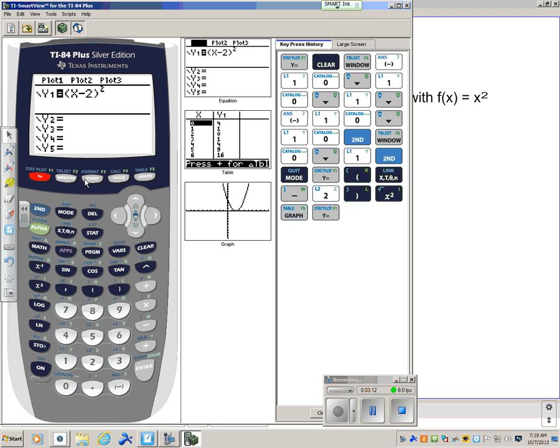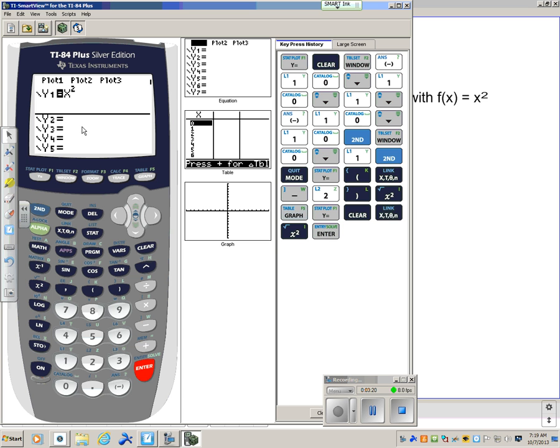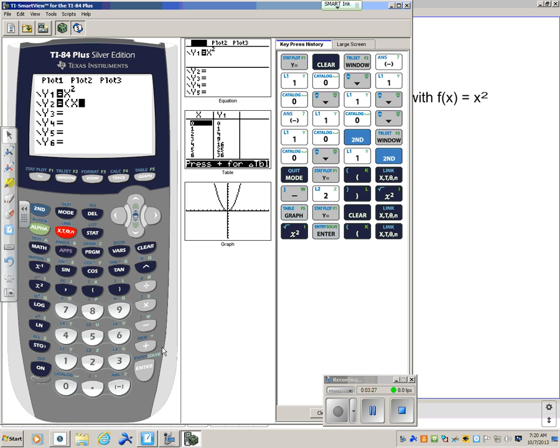Here, I'll do this differently. I'm going to clear this out of here and do this one more time. I'm going to plot x squared. And then down here, I'm going to come down one more time and plot the other one. X minus 2 parentheses squared. So we can compare the two.